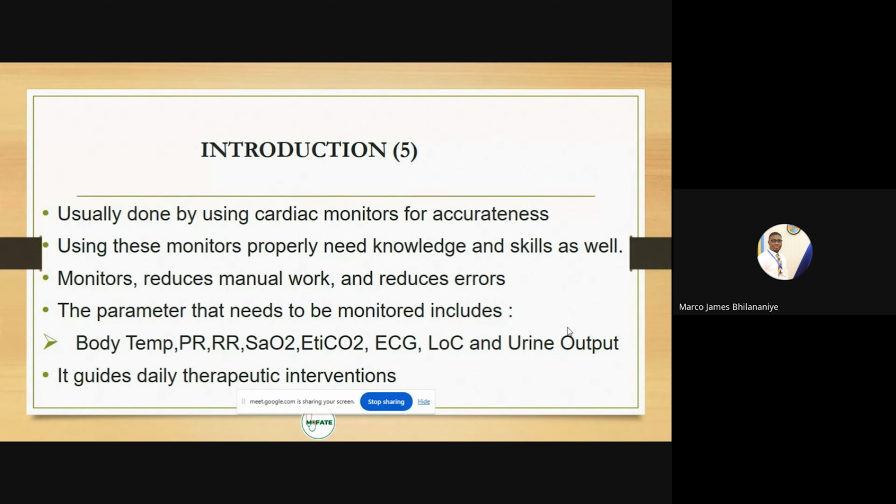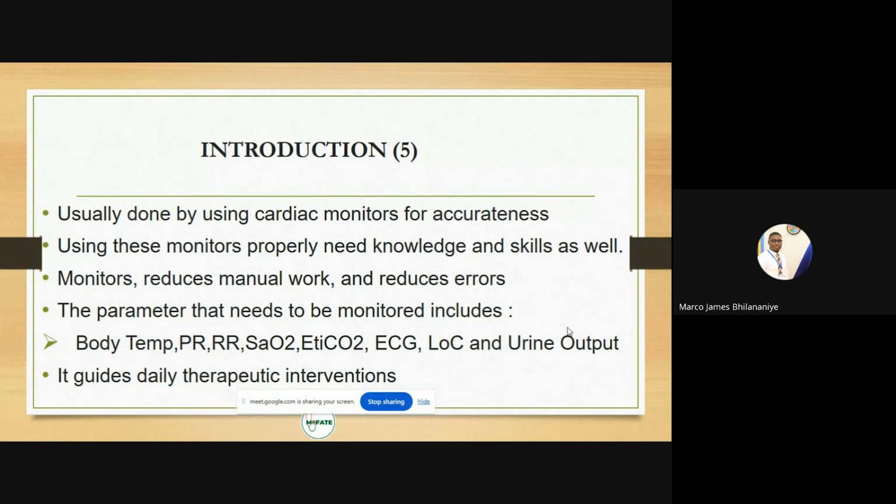Next slide. Usually, monitoring of the patient in the critical care setting is done using cardiac monitors for accuracy. Using monitors needs proper skills and knowledge as well. These monitors reduce manual work and reduce errors.